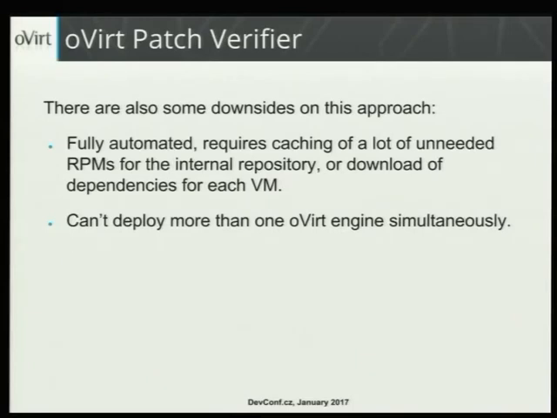We need to test at the same time with Fedora and with CentOS. In oVirt system tests, we have a big definition of the repositories that is manually written, so, for example, we don't need to fetch all of EPEL and cache all of EPEL. This saves a lot of space.